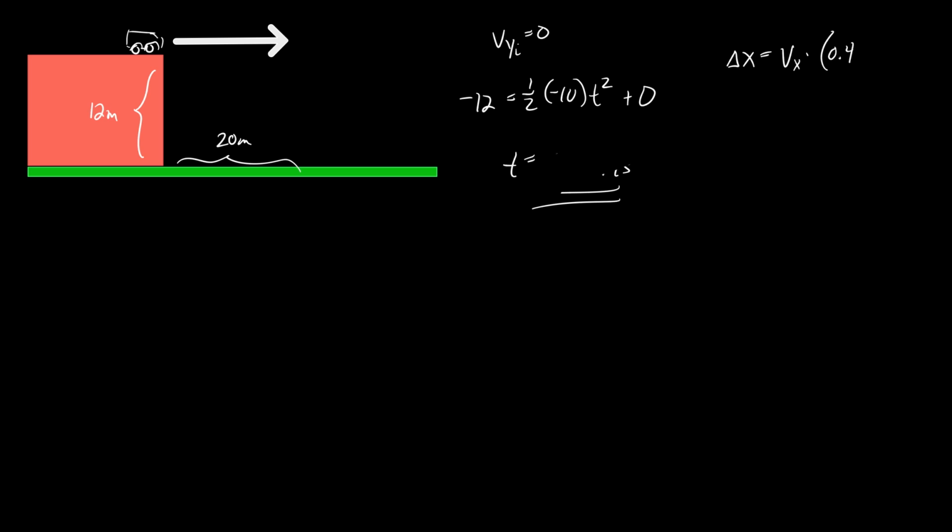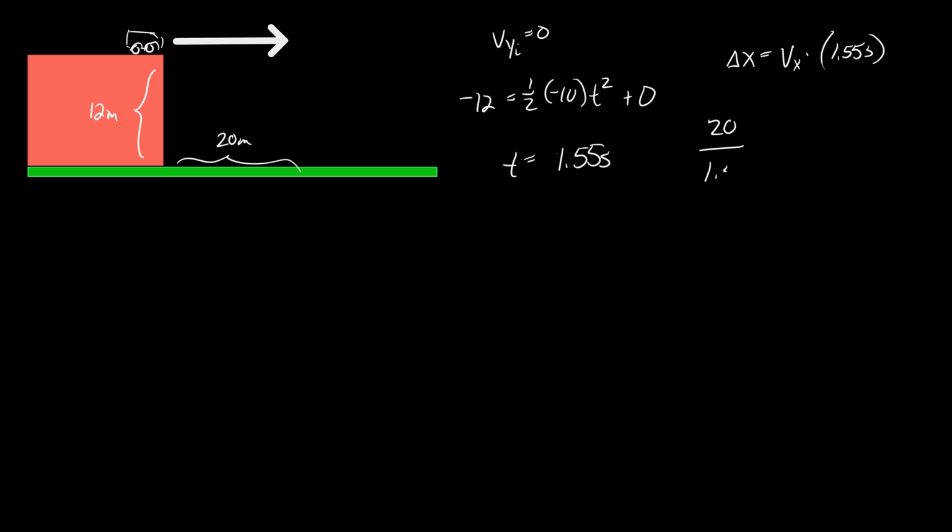Oh, no, I'm sorry. I divided backwards. Sorry, I guess I'm just in a hurry. 12 divided by 5, take the square root, 1.55. So delta x is going to be 20.